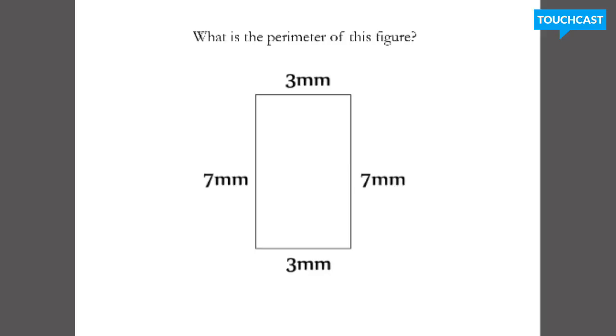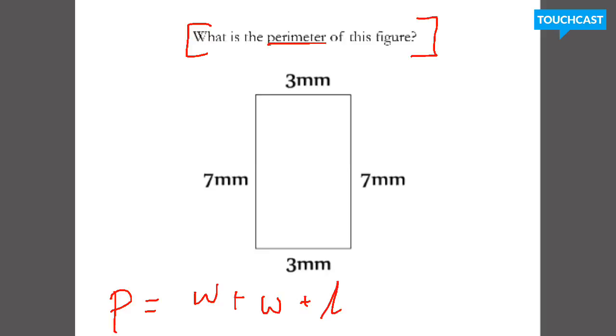Alright, let's go ahead and look at this last problem. So, what is the perimeter of this figure? Remember what we know? Perimeter, I'm going to say P equals width plus width plus length plus length. That should be an L. Alright, we are back. So, we know that the width is the shorter side, and we're trying to find the distance all the way around this beautiful shape.